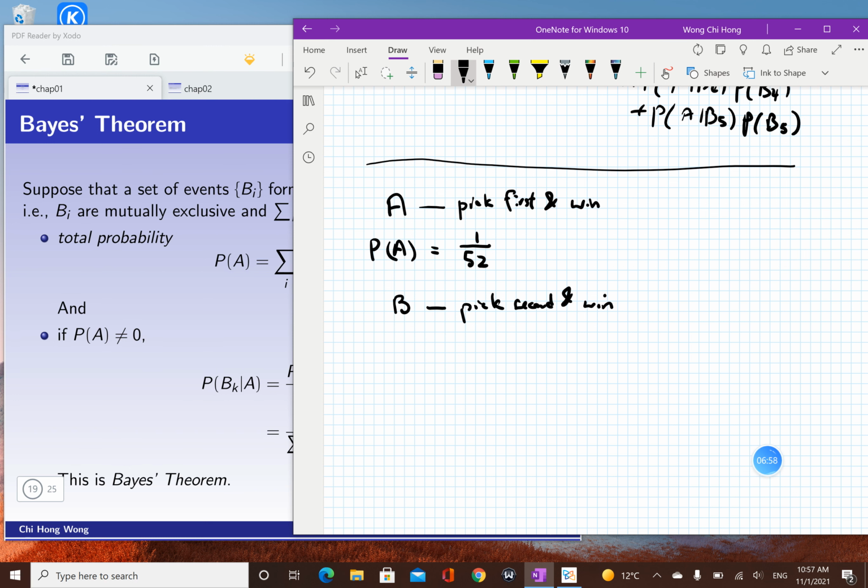If I define another event here, like event B, picking the card second, you don't go first, your friend goes first, and then you win. What is the probability of that?